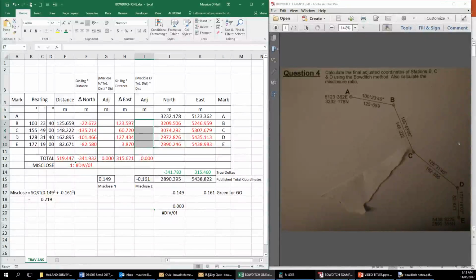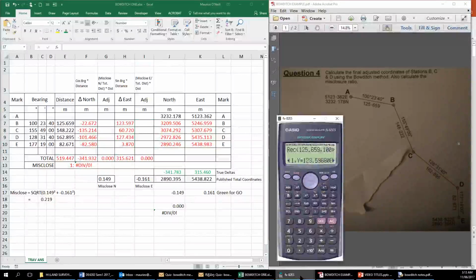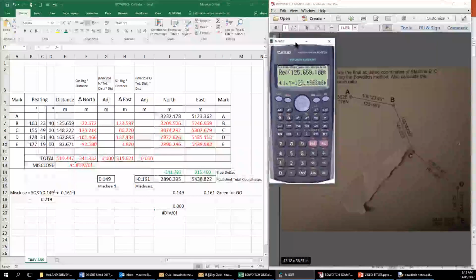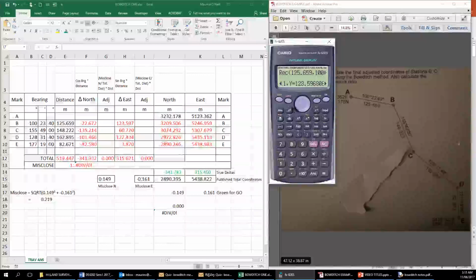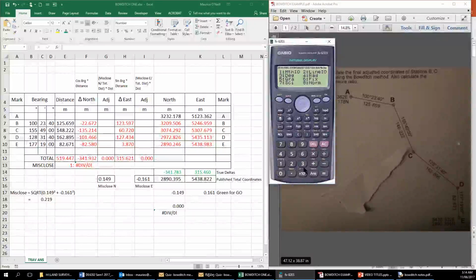Now, one way of doing the northings and eastings is to get the calculator, and first thing is to make sure that you're in degrees mode. So shift mode degrees, which is 3. Shift mode 3.